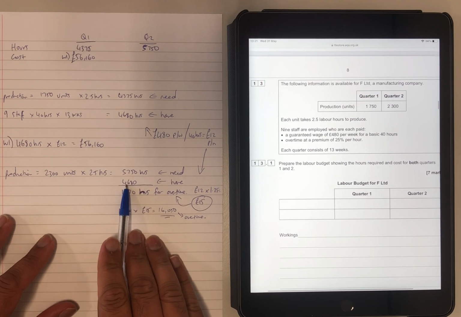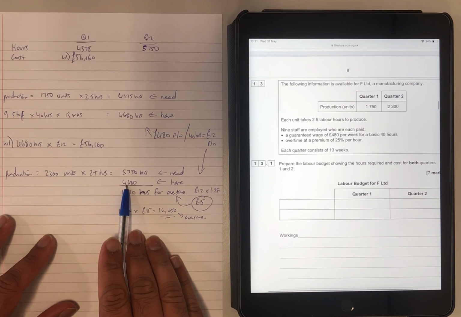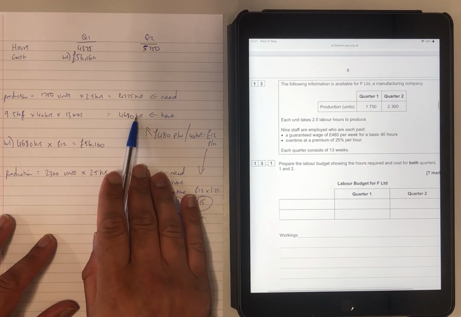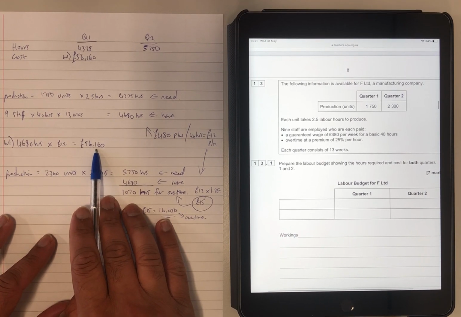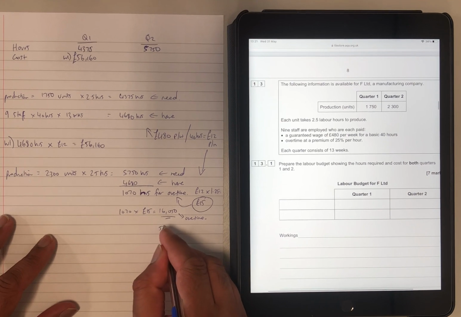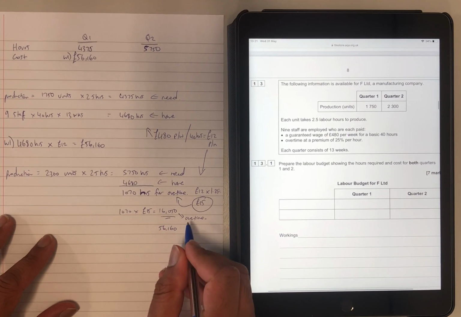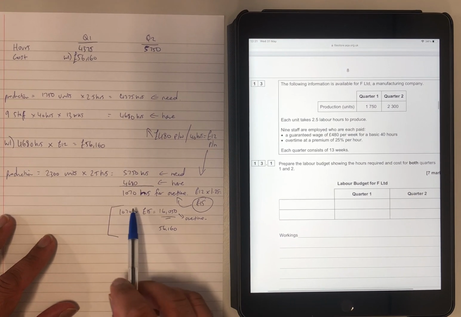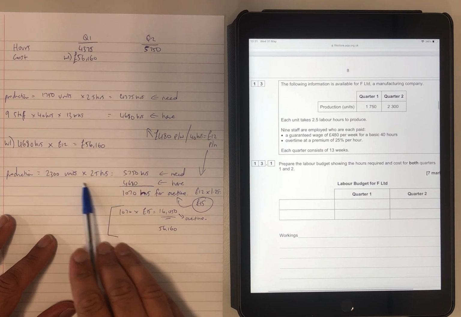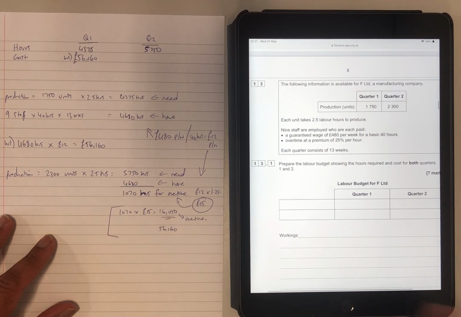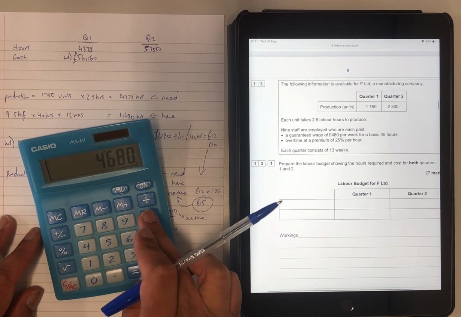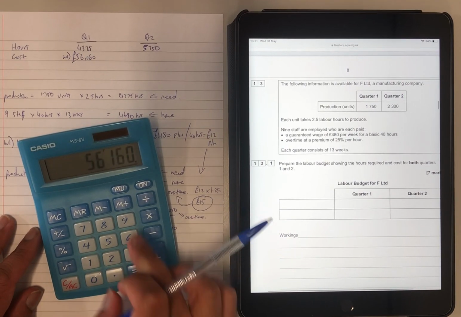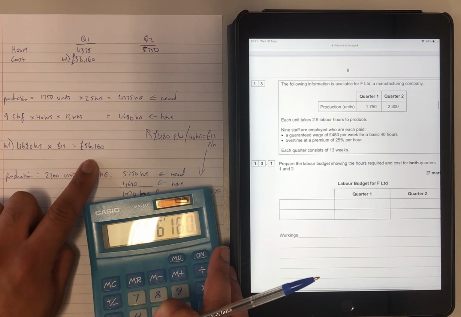The first 4680 is the same as quarter 1. 4680 times 12 is 56160, same as the previous one.